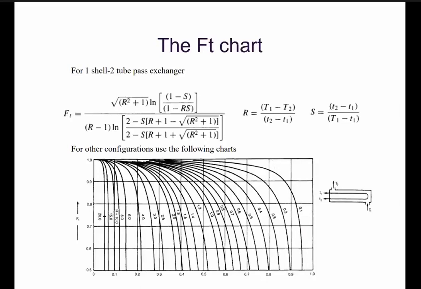That is why the tool comes very handy. The tools have all these graphs built in, and they will do it for you. Manually, you have to do it using Perry or Kern. Yes, Kern, one of the best books for heat exchangers. There is no absolute book other than Kern for heat exchangers, D.Q. Kern.